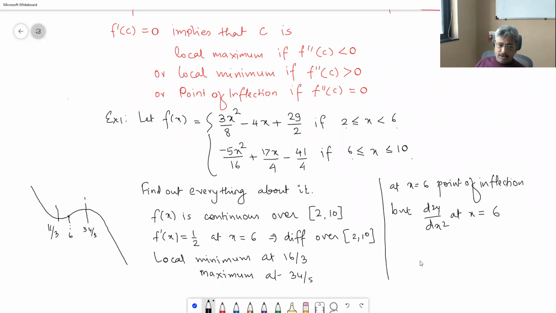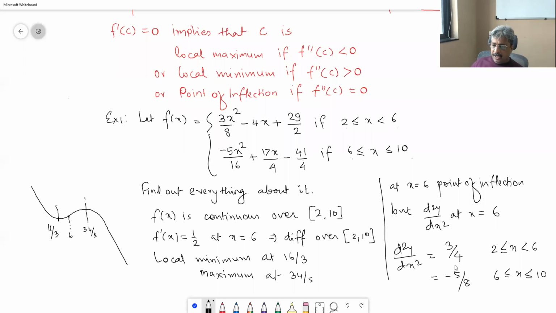Because if you find the derivative of the left branch, d2y by dx square for the first branch, that is 2 less than or equal to x less than 6, you get 3 by 4, and you get minus 5 by 8 from 6 to 10.